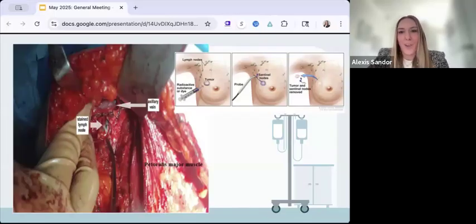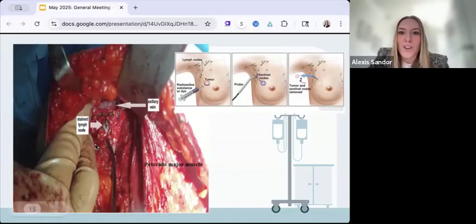And a good thing to note is it's important to tell your anesthesiologist before injecting isosulfan blue, just because it can cause a drop in pulse ox readings, just momentarily. So from what I've seen on my rotation so far, we usually do a little mini timeout before injecting, just so everyone's on the same page and nothing bad happens.